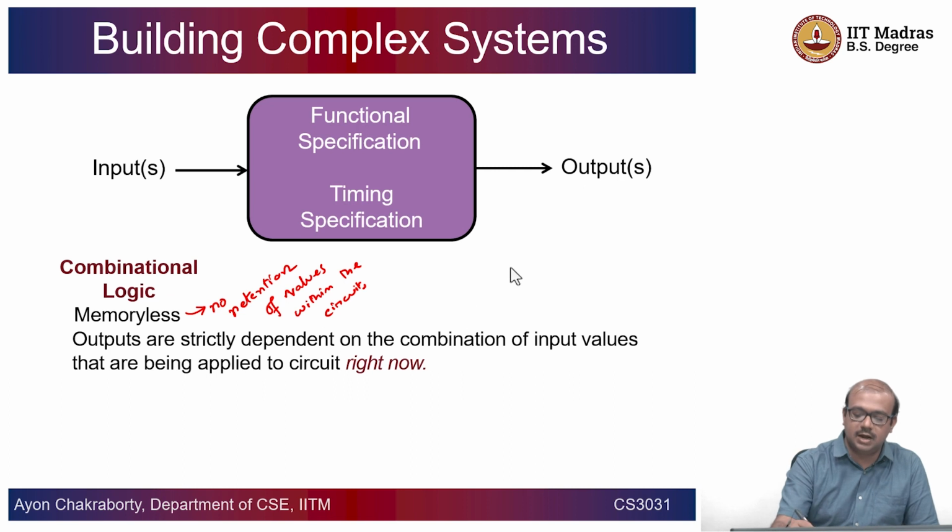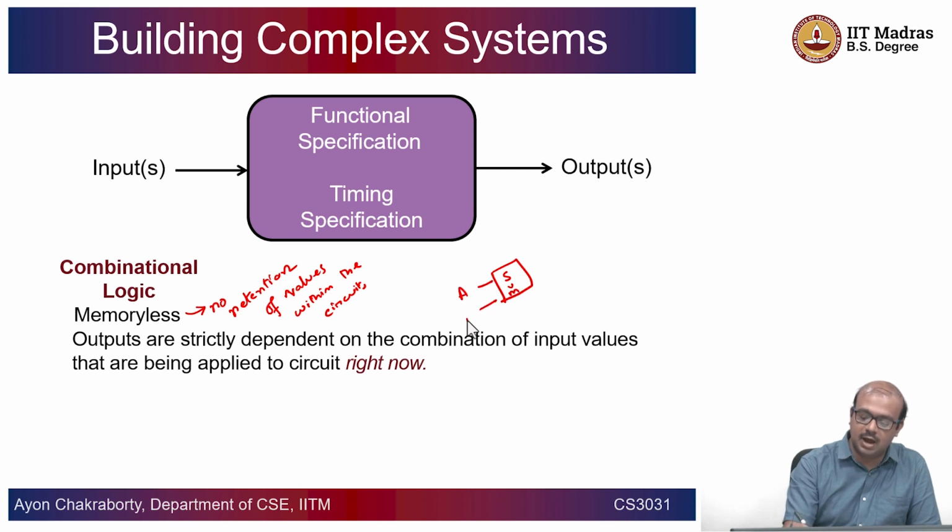So just reiterating, suppose you have a circuit which finds out the sum, right? It's like an adder circuit of A and B, you get an output of C, right? So the output C is strictly dependent on the combination of input values A and B, number one.